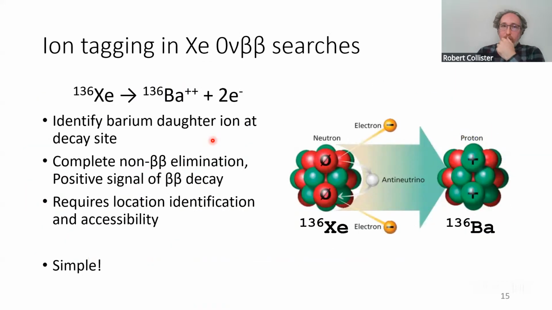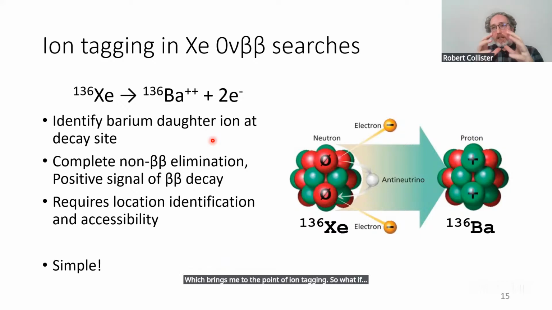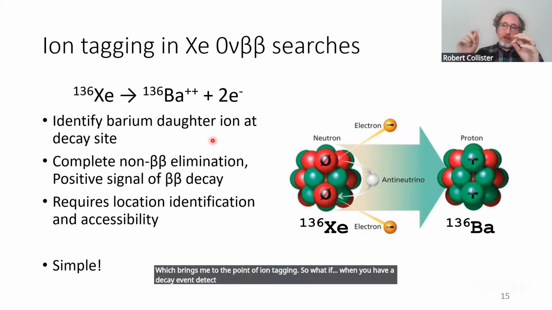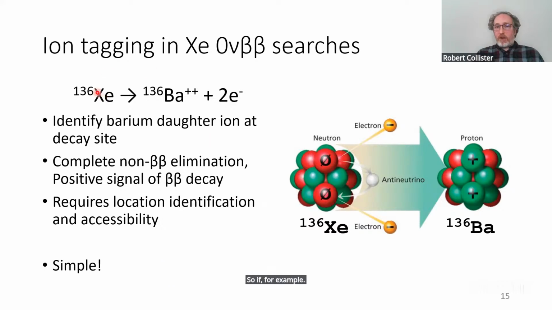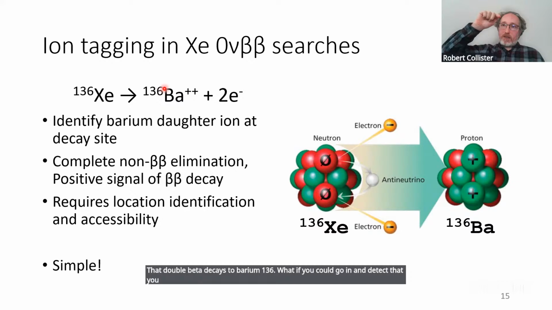Which brings me to the point of ion tagging. What if, when you have a decay event detected in your detector, you could go in and identify the daughter of that decay event? If, for example, you have a xenon-136 atom that double beta decays to barium-136, what if you could detect that you have a barium-136 atom right there where your decay occurred?